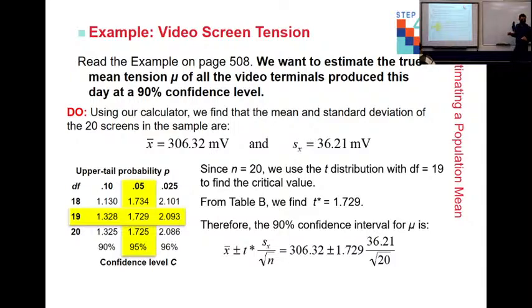The critical value there is my t-score instead of the z-score, times the standard deviation formula, where the standard deviation formula for means is s sub x over the square root of n. And then we're plugging in all the pieces that we already know. Our mean is there, plus or minus here's our t-score that we got, times the standard deviation, which we got with one variable stats, over the square root of n, which is 20.